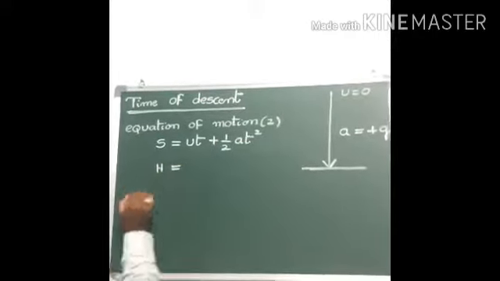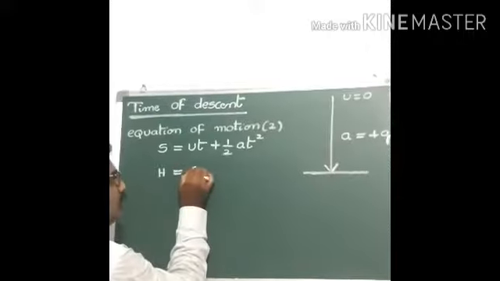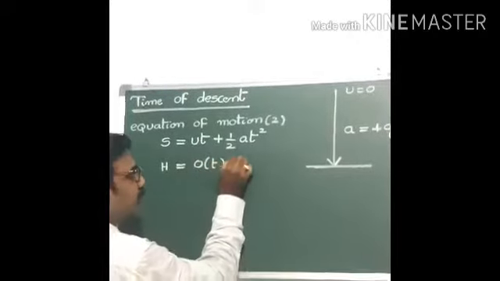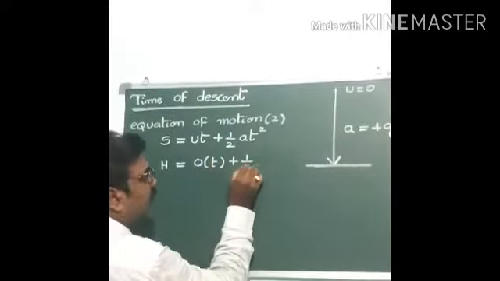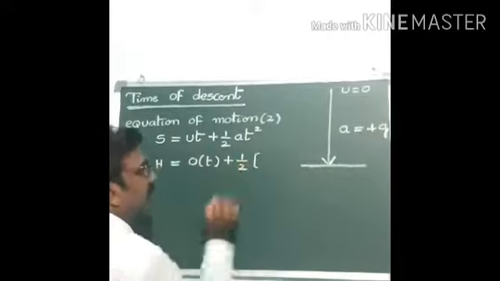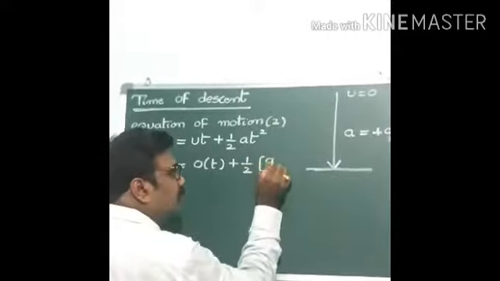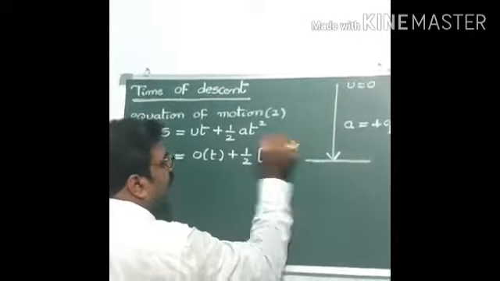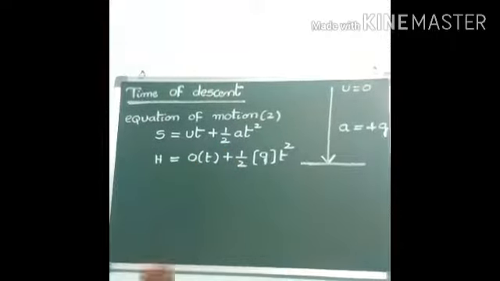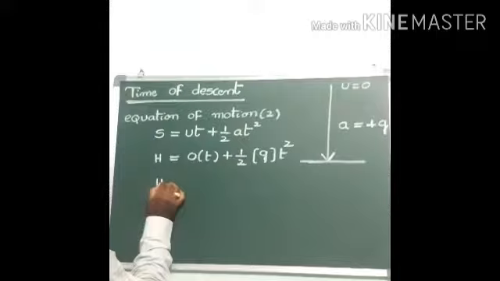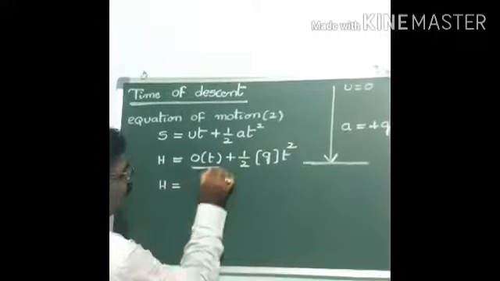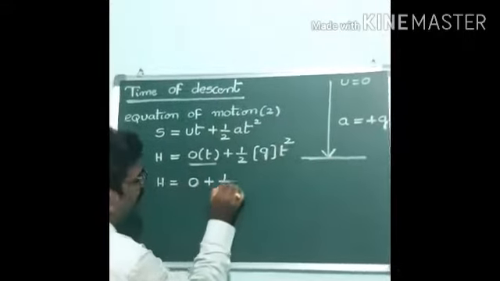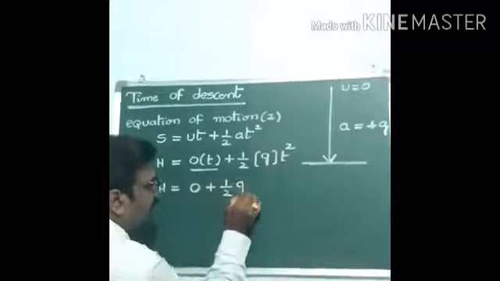In the case of a freely falling body, U is 0, so 0 into T plus half, A is converted to plus g, and T square. Now H equal to 0 plus half GT square.